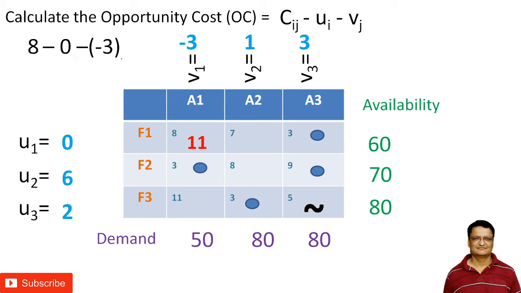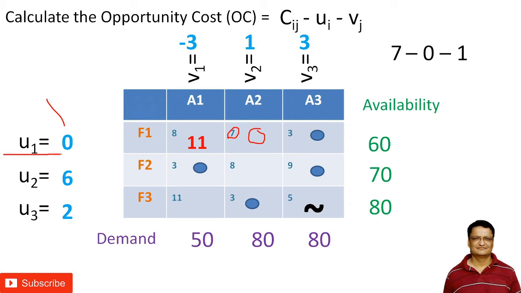Moving to the next cell, let us calculate the opportunity cost for the second cell. Now here, this is the second cell that we wish to calculate the opportunity cost for. Here 7 minus 0 and minus 1, so it gives me the opportunity cost of 6.